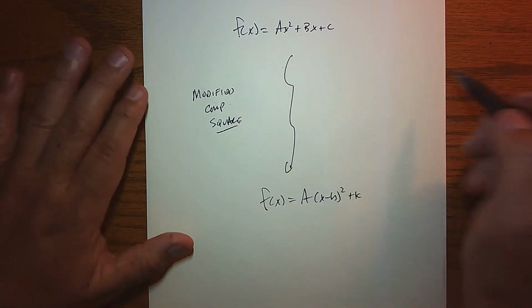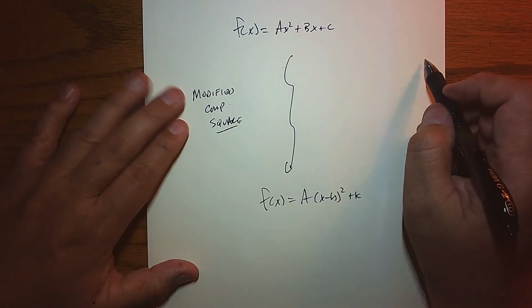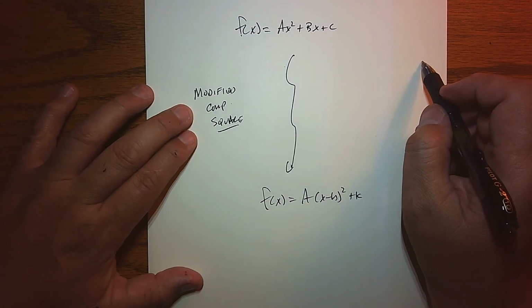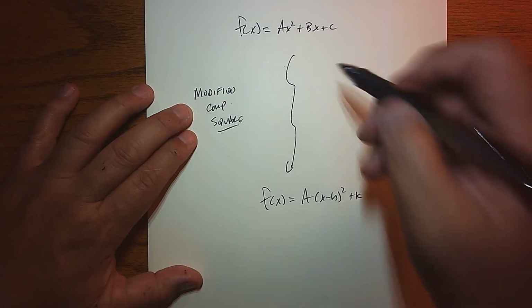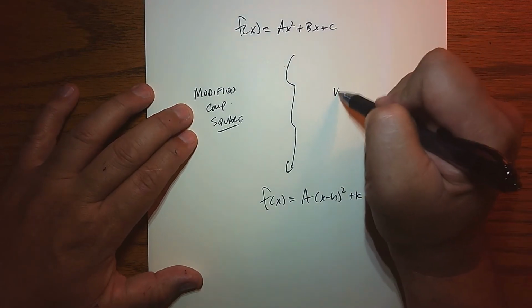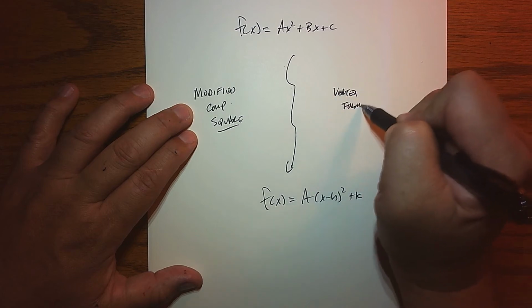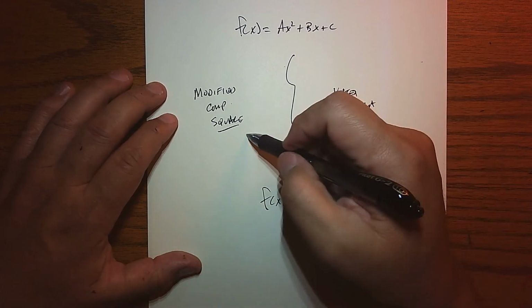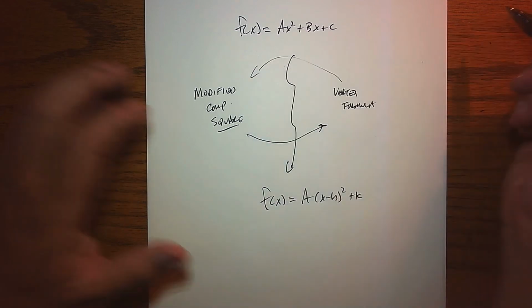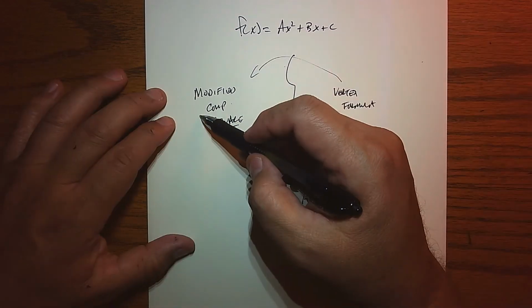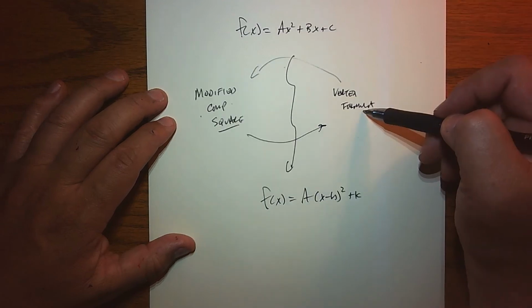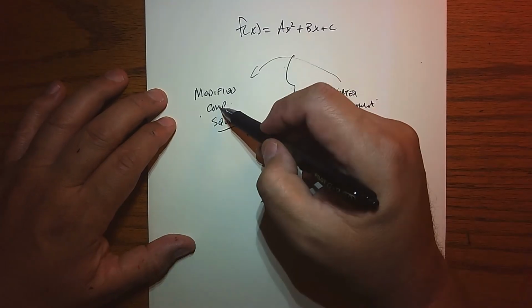Again, very math oriented, so make sure you understand how to do that. You will use this modification process in this course and in later ones. Or there's the vertex formula. On the quiz, I will be asking you to do both. And what's kind of cool is if you have time, you can use them to check each other. When you do modified, do the vertex formula to check. When you do the vertex formula, do the modified to check.